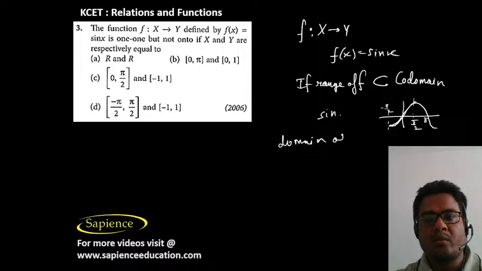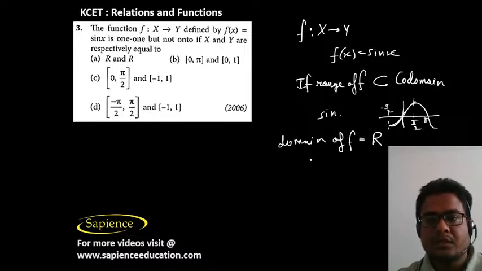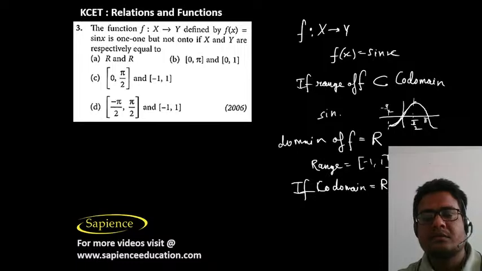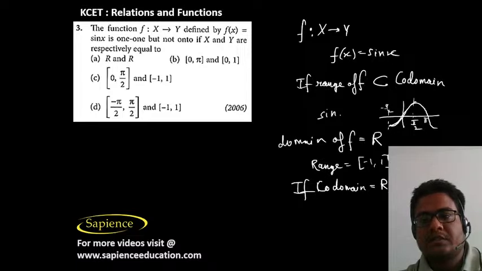The domain of the function f is obviously all real numbers, and the range will be from minus 1 to 1 actually. So if we take the codomain as R, then only we can say that function f is not onto.